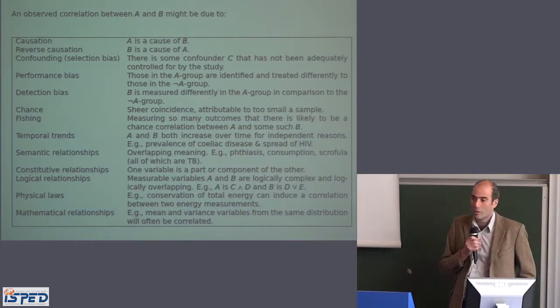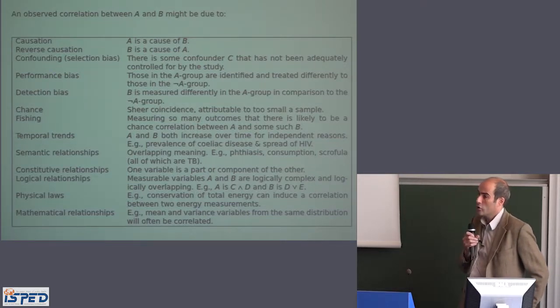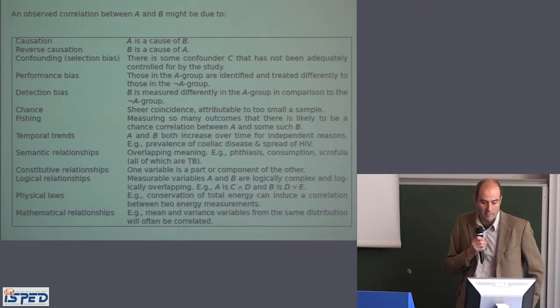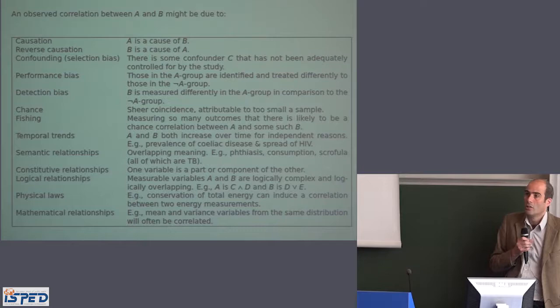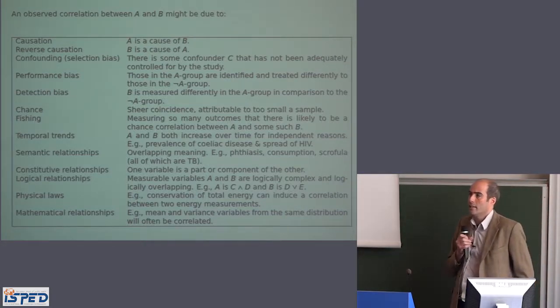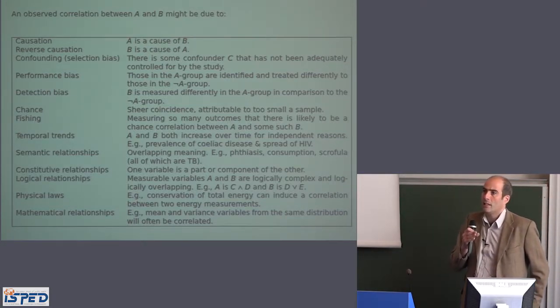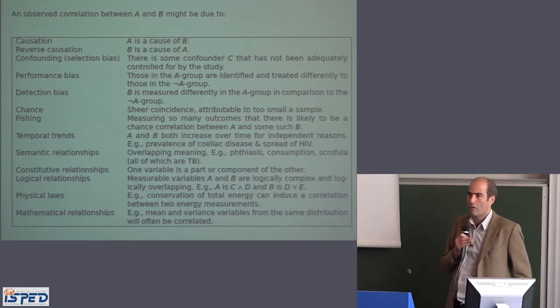Then you have correlations due to logical complexity. Even physical laws and mathematical relationships can give rise to correlations. So the important thing to emphasize is there really is a large number of possible explanations of any particular correlation.